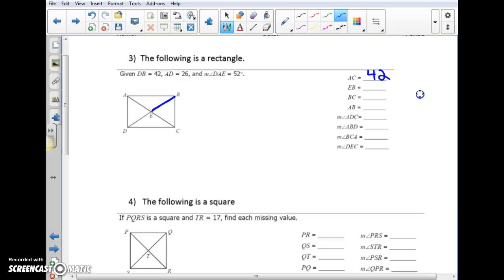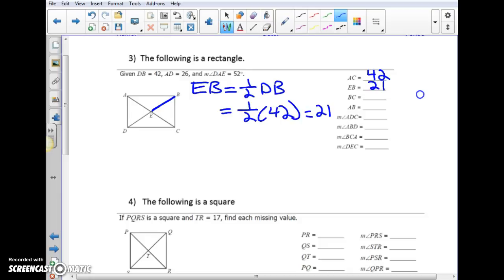So I know, again, just like parallelograms, not only are the diagonals congruent to each other, they bisect each other. So EB is going to be half of whatever DB is, and they give me that in the problem. So half of DB is 42, therefore EB is going to be 21.